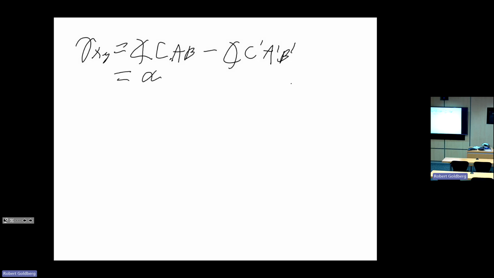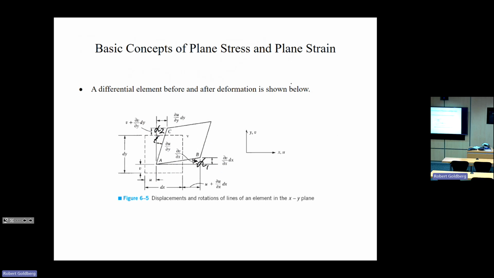So it's equal to alpha 1 plus alpha 2, because we take this little change in angle and add it to this little change in angle. It reflects the total amount.